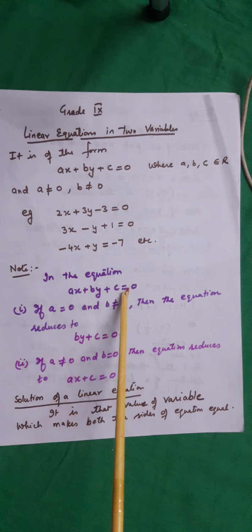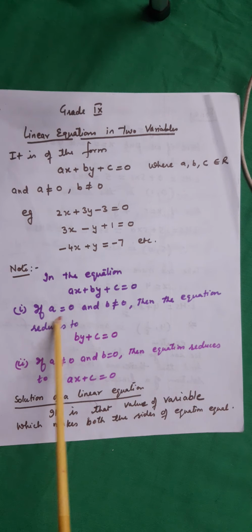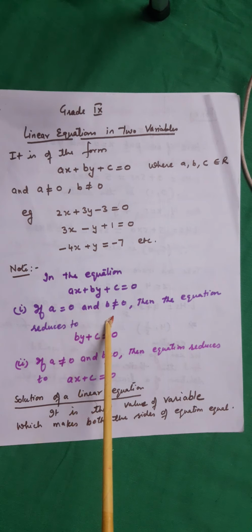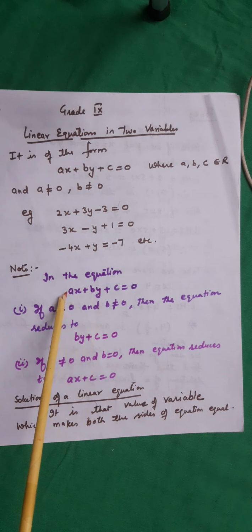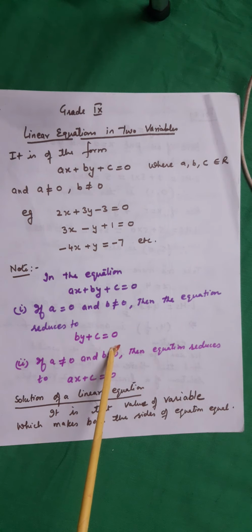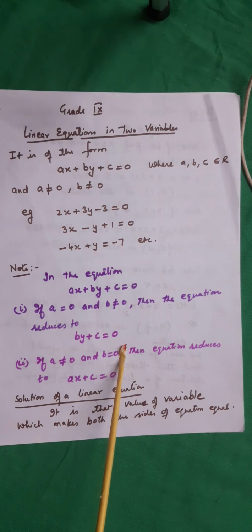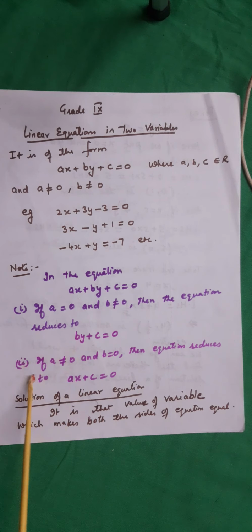Note, in the equation ax plus by plus c is equal to 0, if a is equal to 0 and b is not equal to 0, then this equation reduces to by plus c is equal to 0. So it will be reduced to a linear equation in one variable, that is y.